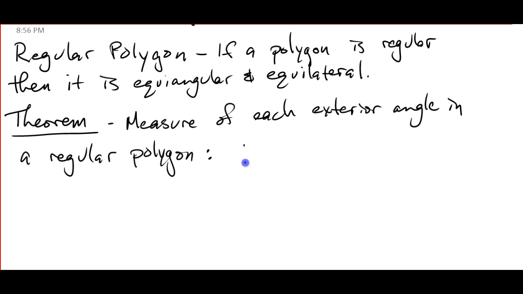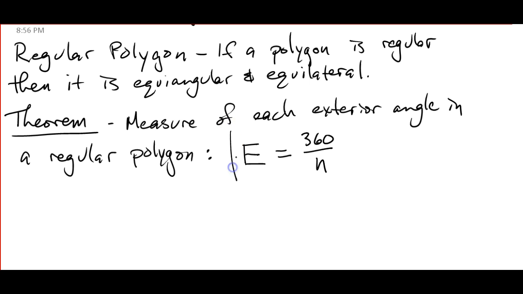Okay, so we're talking about the measure of an exterior angle, which we call E. Now, we know that all the exterior angles add up to 360 for any polygon. We talked about that in section 7.3. So if we know that all the exterior angles happen to be the same, and we want to find out what one of them is, we just take 360 and divide by how many there are.